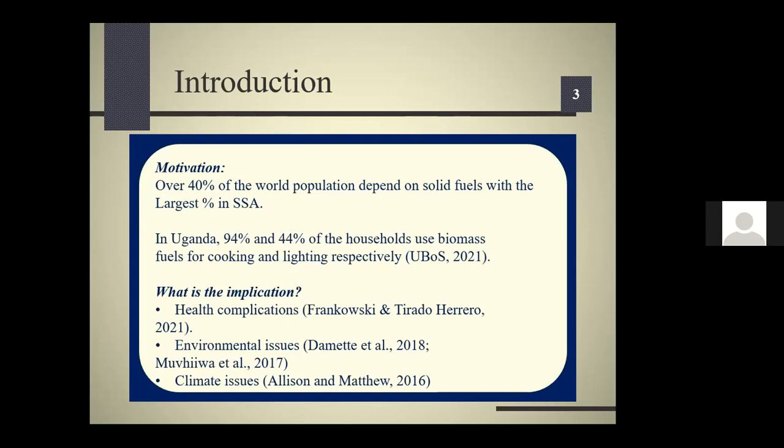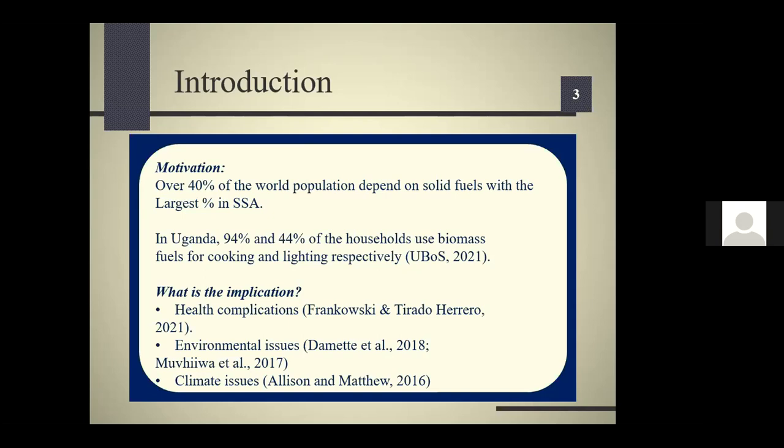Now, this situation worsens when it comes to Uganda. The recently released report from UBOS shows that at least 94% of households in Uganda depend on biomass as a main source of energy for cooking, and 44% of the households use unclean fuel sources for lighting.